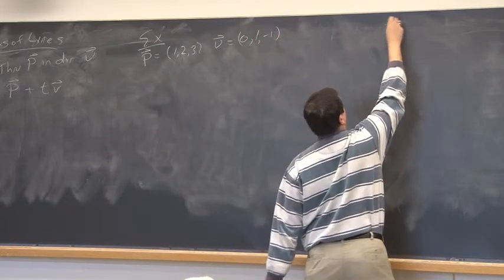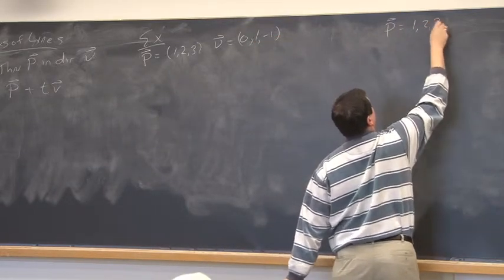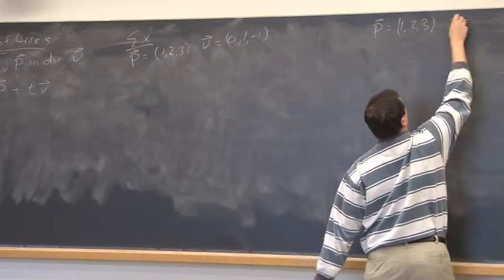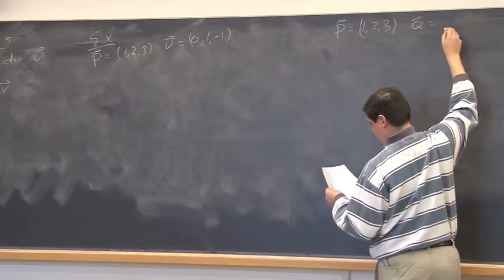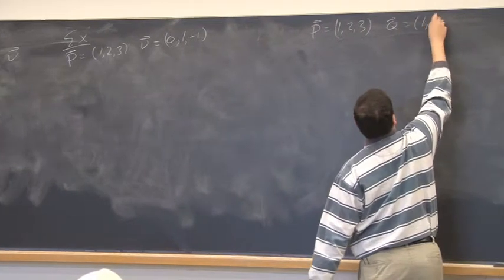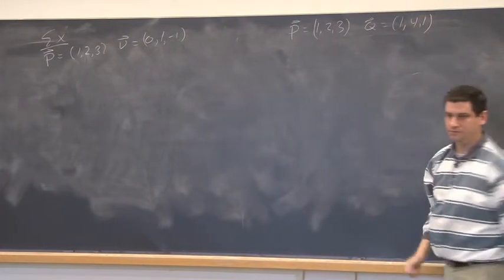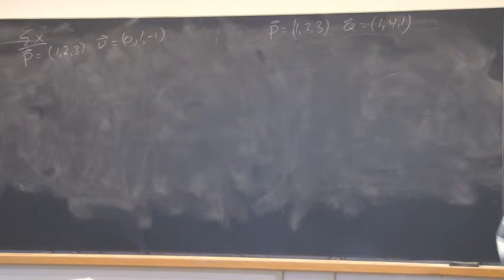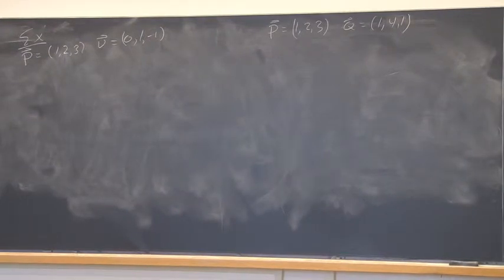And over here I'm going to take P is the vector 1, 2, 3, and Q will be the vector, I think, 1, 4, 1. I want to calculate the equation of the line in these 2 cases.